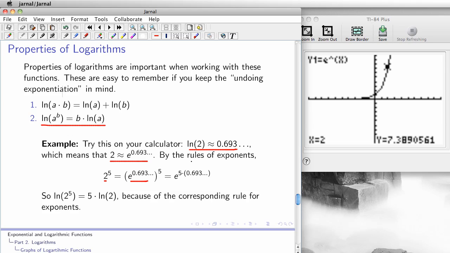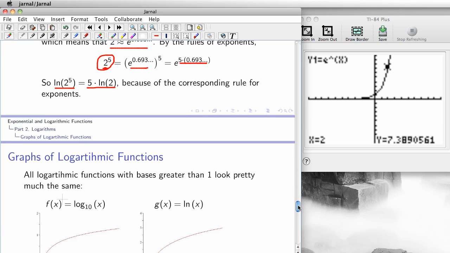But remember, our rules of exponents tell us that we should multiply the exponents. So 2 to the 5th is the same as e to the 5 times 0.693. So that means that the natural log of this value is this exponent. So the natural log of 2 to the 5th is just 5 times log of 2. So in other words, the power that's inside there can be pulled out in front as multiplication.